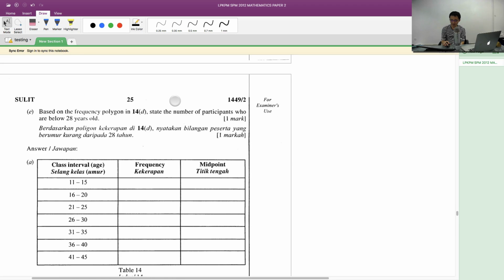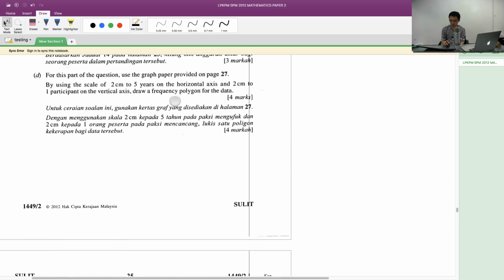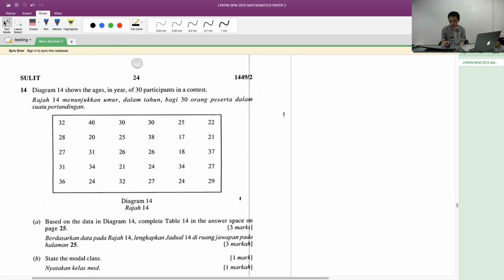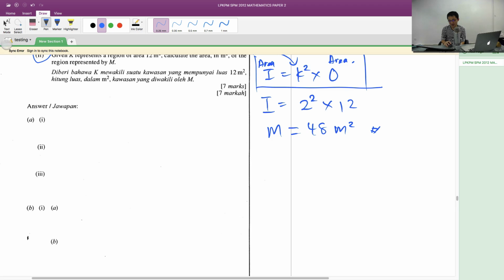I just hope I can crop the whole thing and go down. Let me try the crop function, see if it works or not. Oh my god, the crop function is just... Okay, it cannot crop the PDF. It doesn't matter.